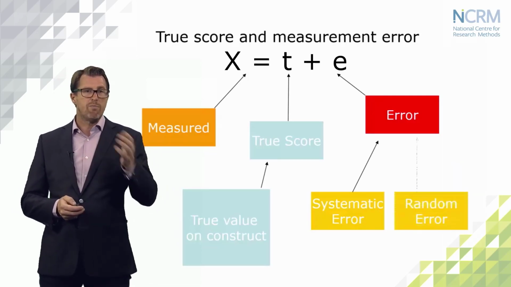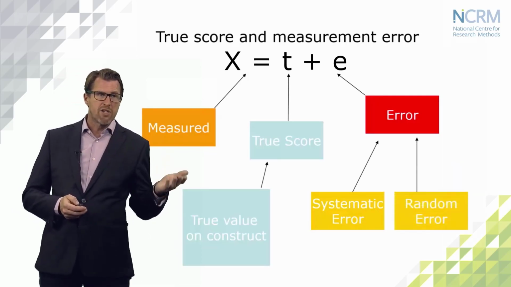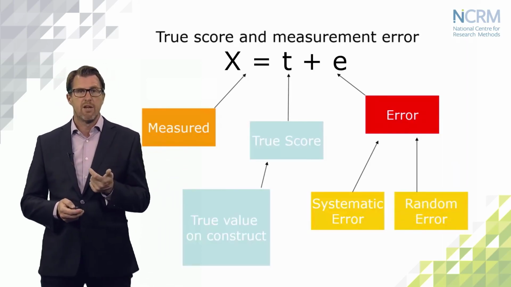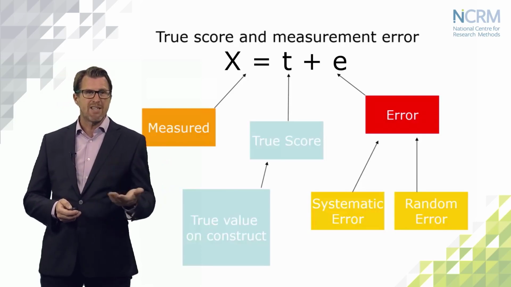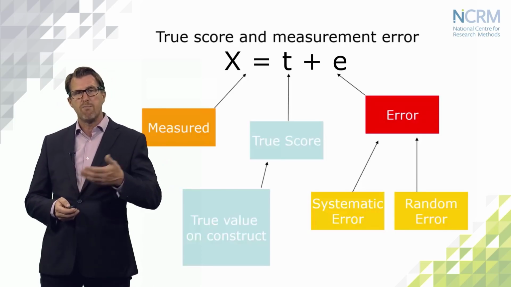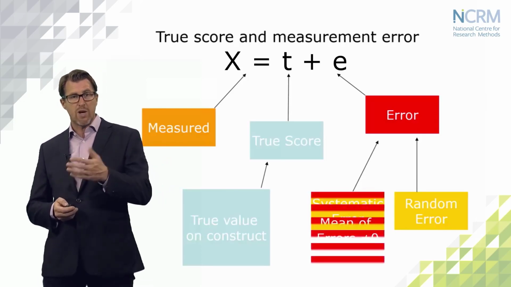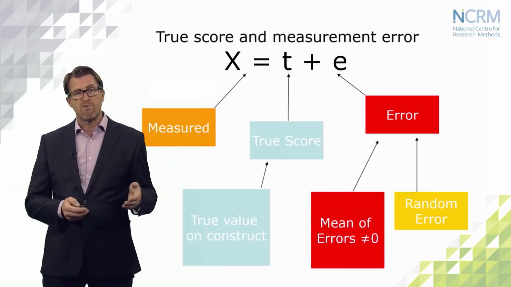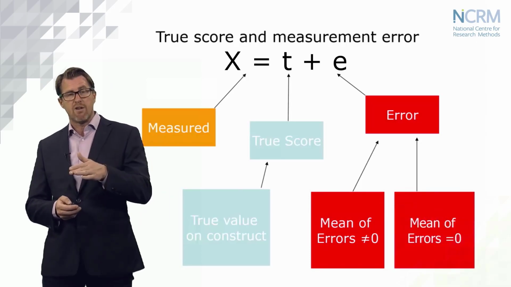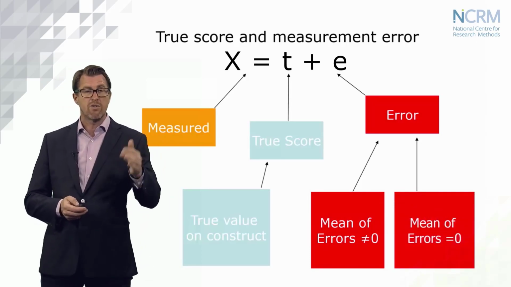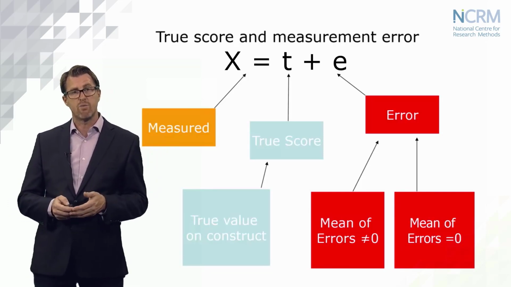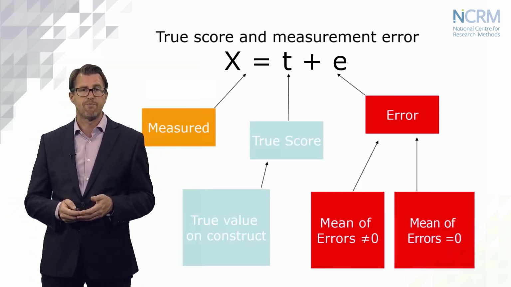A random error would be one where you're just as likely to overrate as to underrate your happiness. So we can think of the systematic error as being one where the mean of the individual errors doesn't cancel out. It doesn't equal zero. Whereas a random error, you're as likely to give a higher as a lower score. So the expectation would be that the mean of the errors would cancel out and be zero.